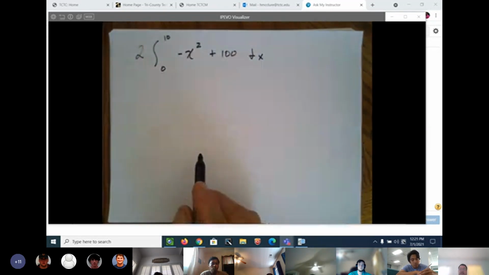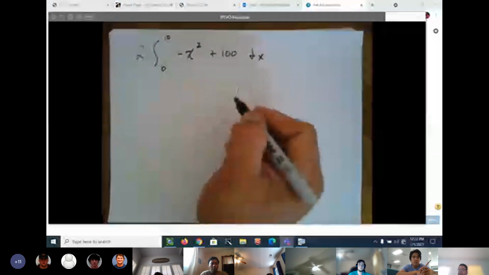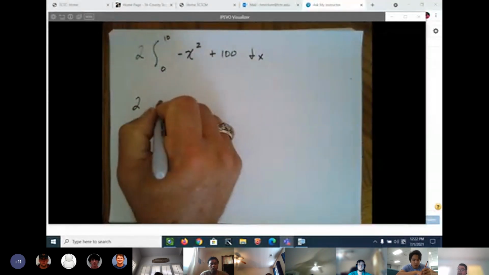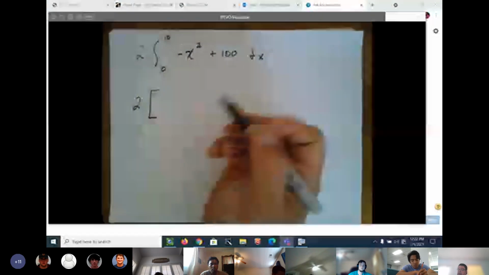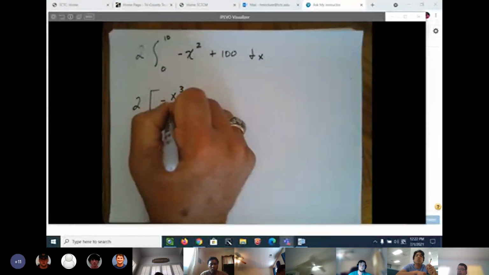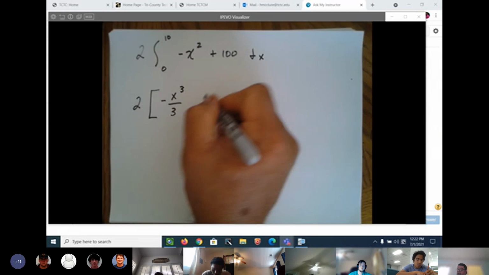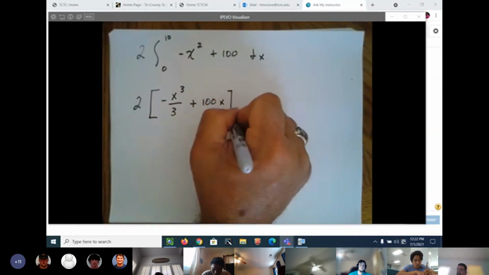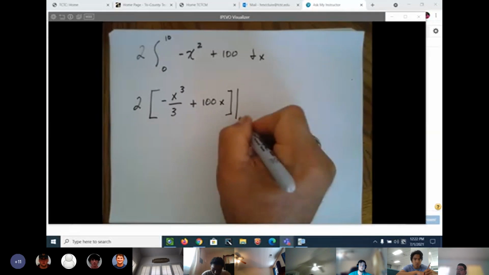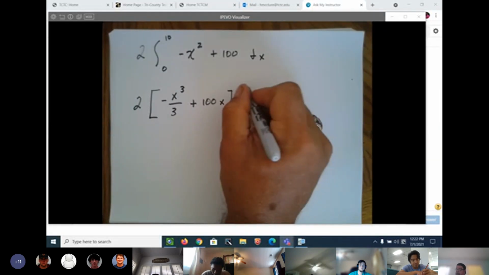In order to do that, I've got to take the antiderivative. So that's going to be 2 times negative x cubed over 3 plus 100x evaluated at 0 and 10.